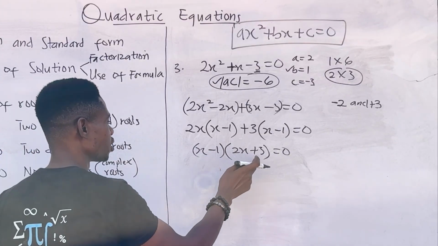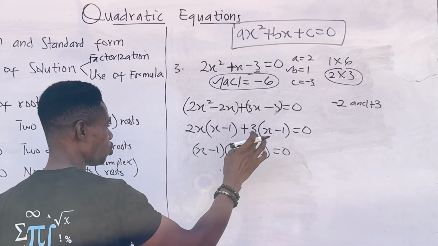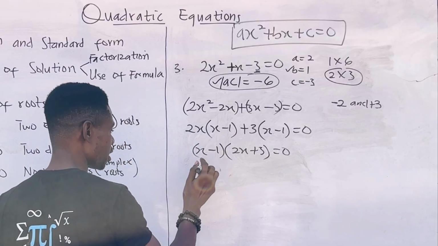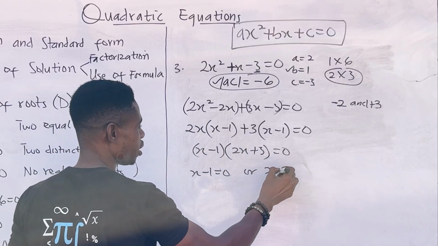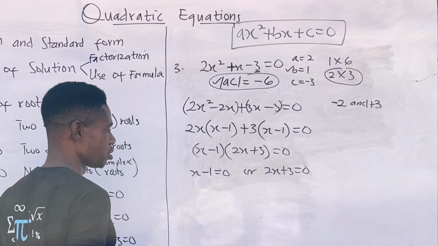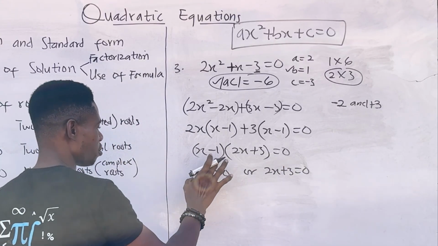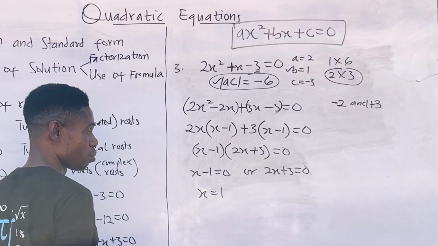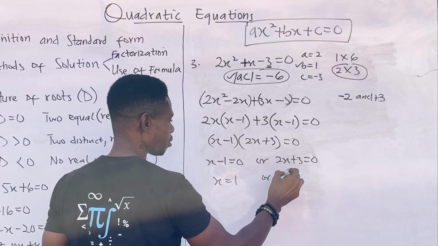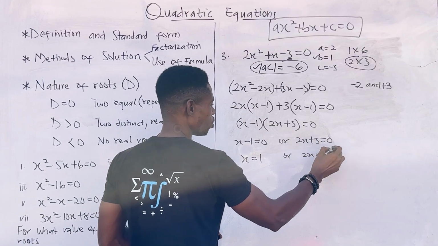Now remember, if a product is equal to 0, it's either the first is 0 or the second is 0. So let's pick the first. x minus 1 equals 0, or the other side, 2x plus 3 equal to 0. So from here, x equal to 1, minus 1 becomes plus 1. While here, 2x equal to minus 3.